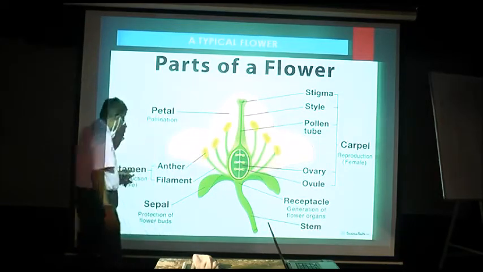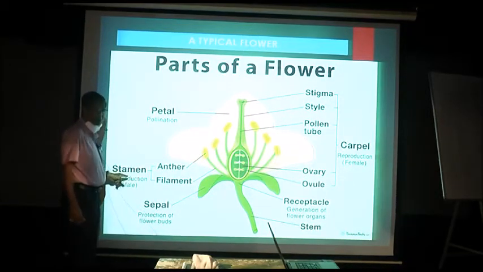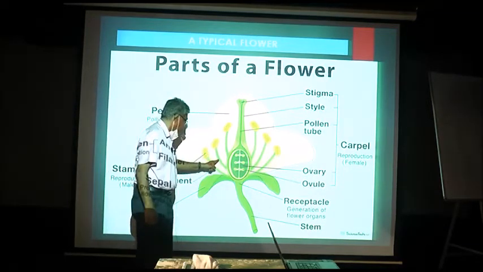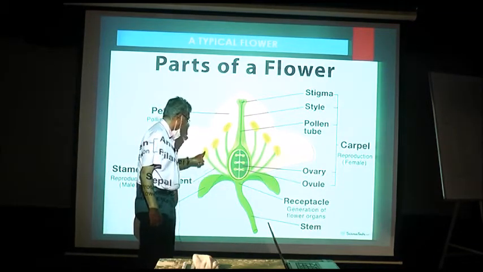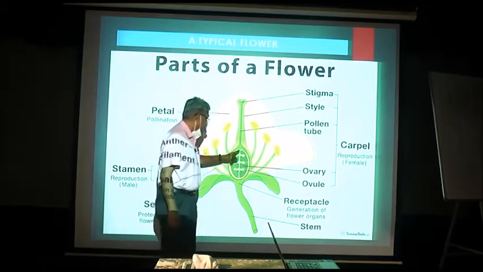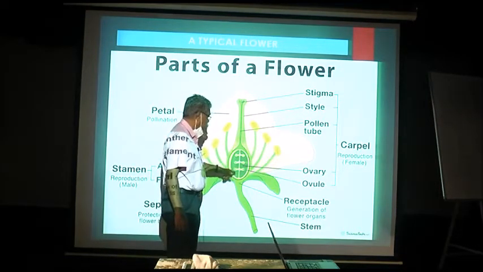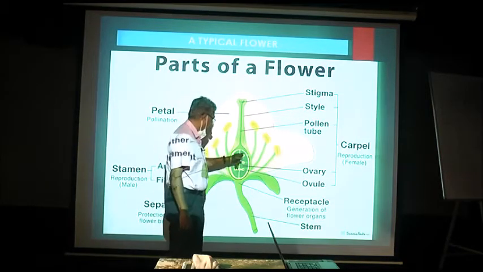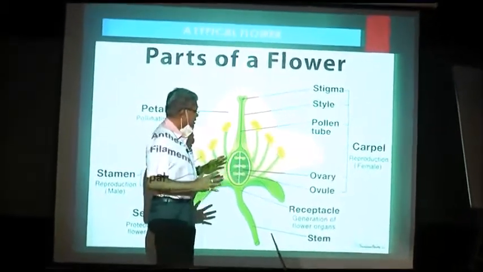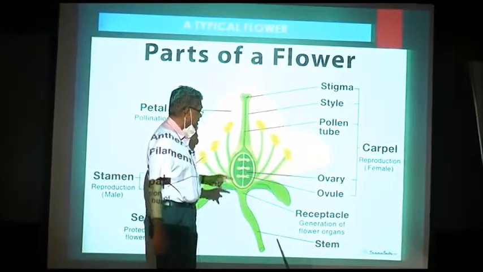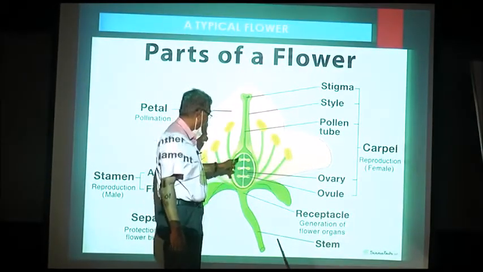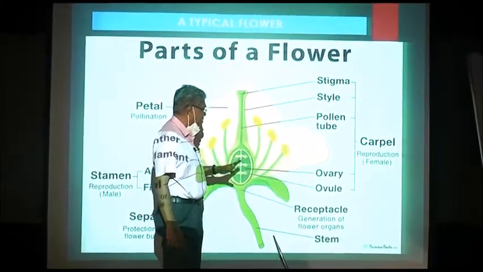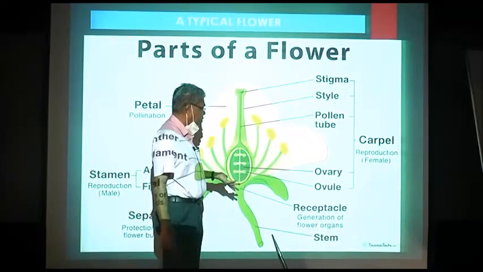The individual structure of the male part is the stamen, this one, which has a filament and an anther, and the female part is also known as the pistil, and the individual part of the female part is known as the carpel. Here a single carpel is shown. Carpels may be single or more than one.